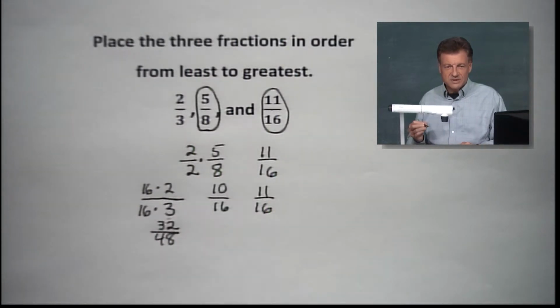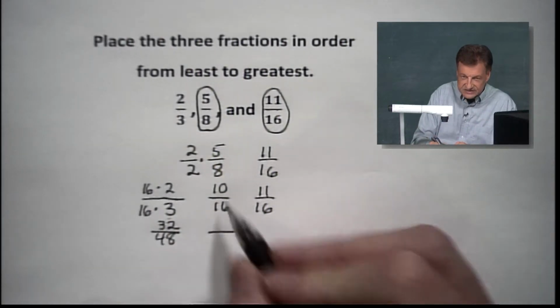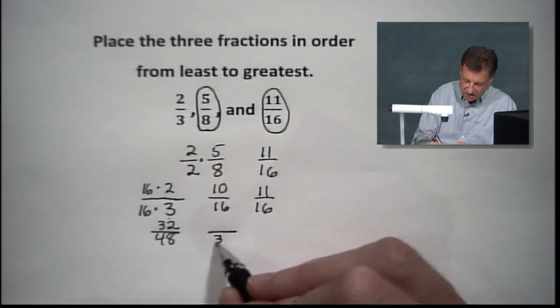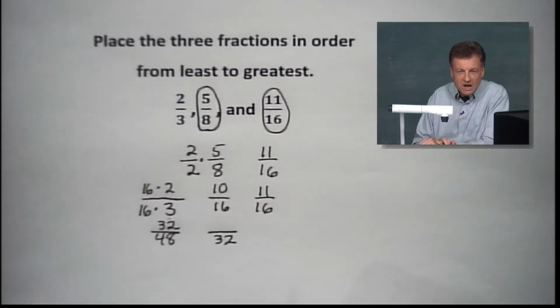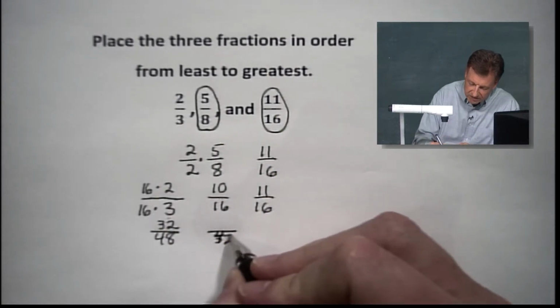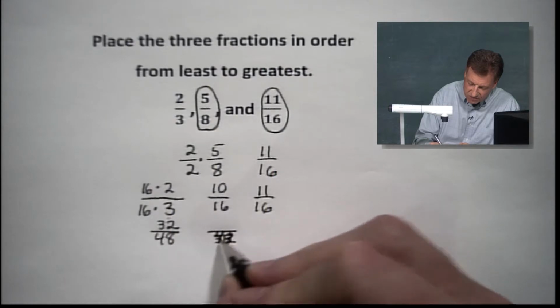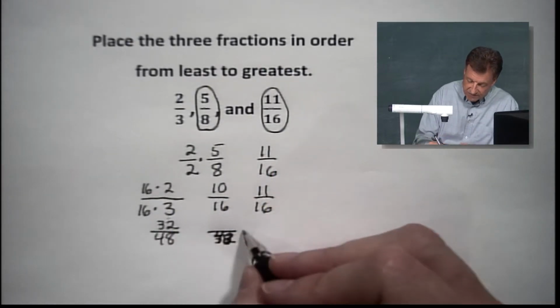Let's put a 32 down here. Well, we don't want to put 32 down there, do we? We want to put 48. We were talking about doubling a minute ago, but we want to put 48 right there. We want these to match, right?